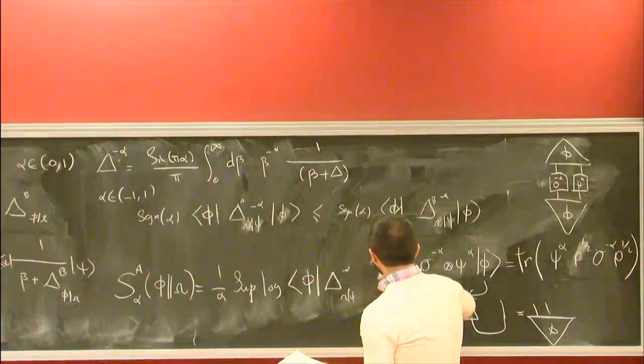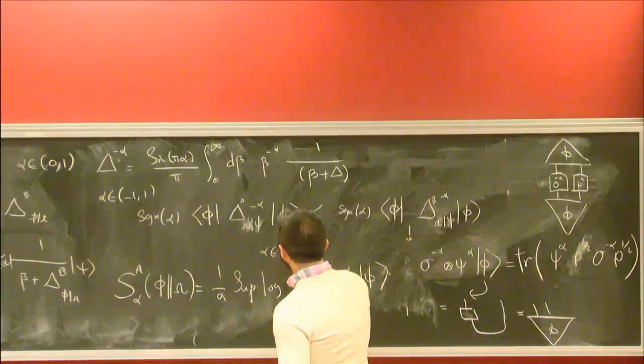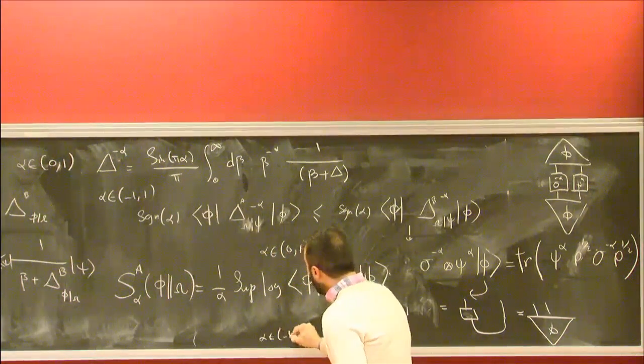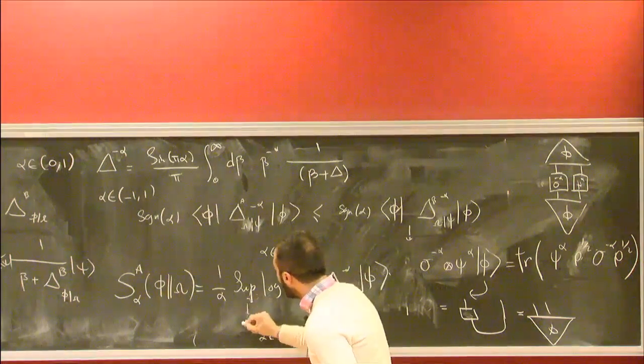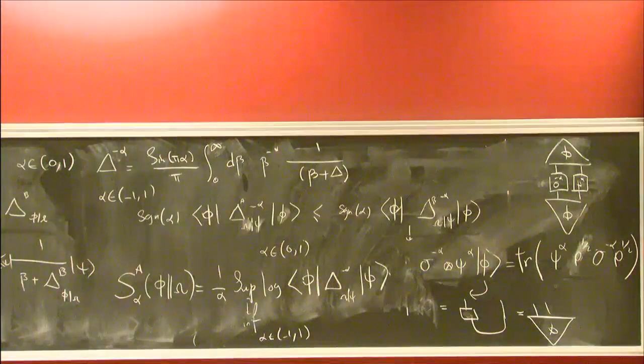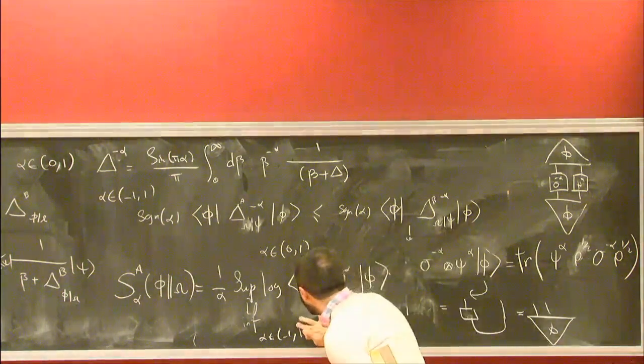Omega psi minus alpha phi, when alpha is between 0 and 1, and when alpha is between minus 1 and 1, this supremum becomes the infimum. Sorry, minus 1.